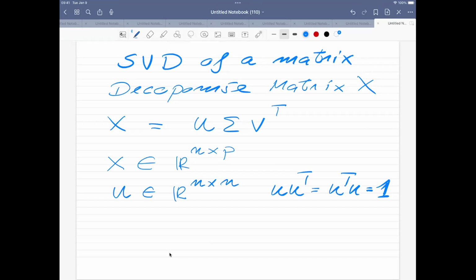And V is a similar matrix, but it has another dimensionality, p times p. V is also an orthogonal matrix, so V transpose times V is equal to the identity matrix. What this means is that every column of these matrices forms an orthogonal vector.